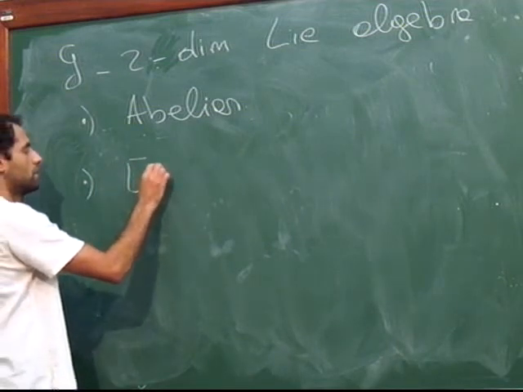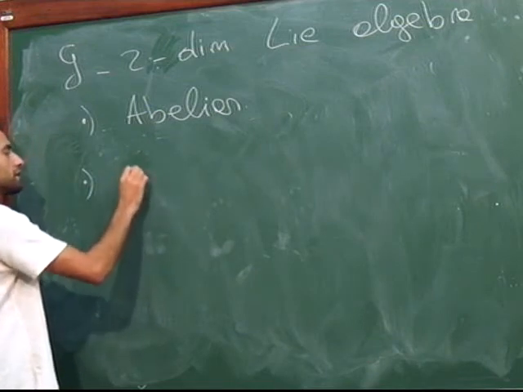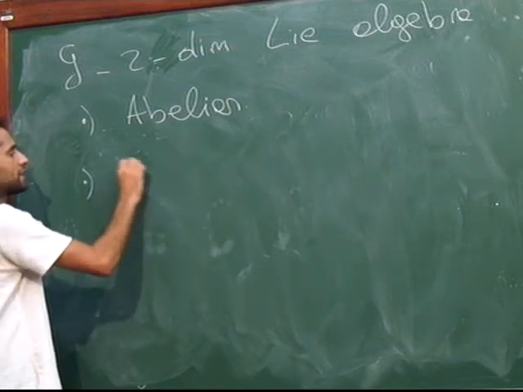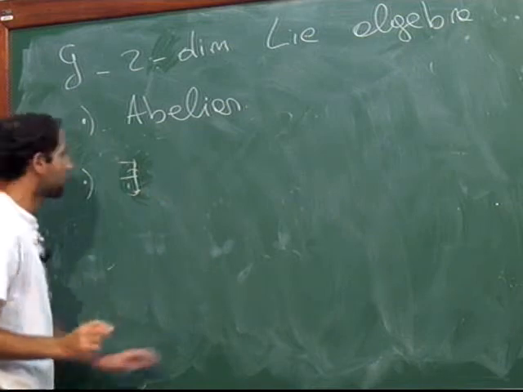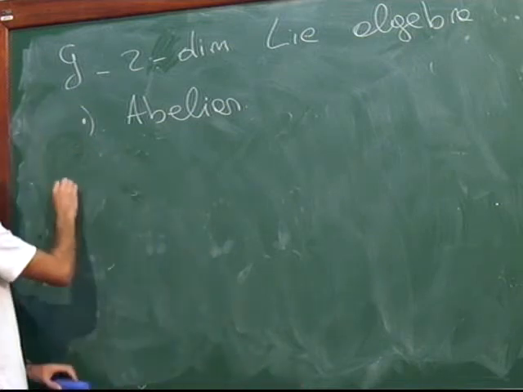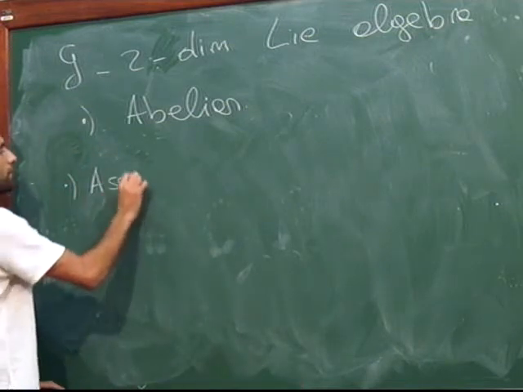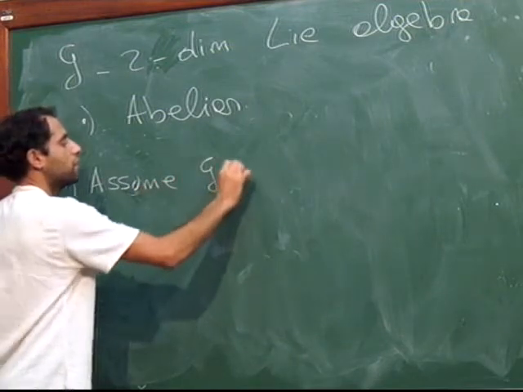Okay, so if it's not abelian, there exists, let's write that down. Assume G is not abelian.